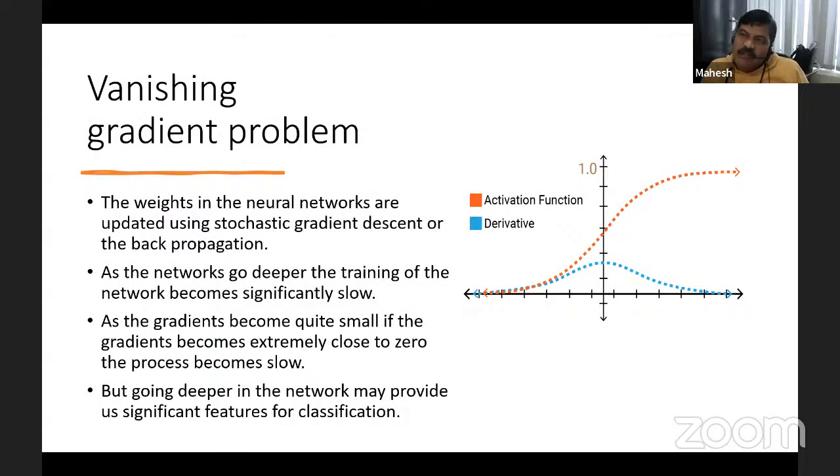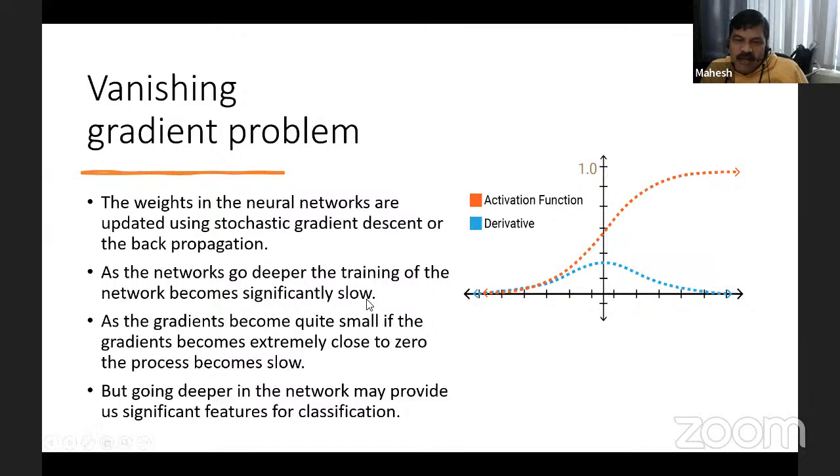There's another question: how many layers should we use? One constraint is hardware or processing time, the available hardware. We have to reduce the number of layers. We cannot go for infinite layers, like 100 layers, 200 layers, 1000 layers.